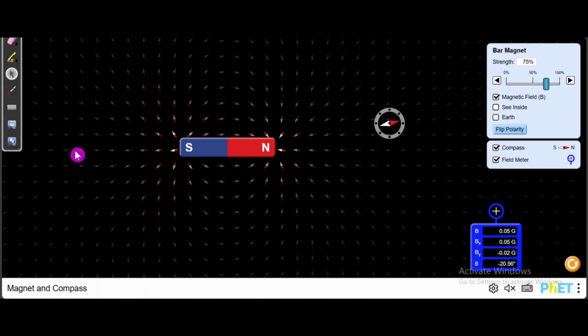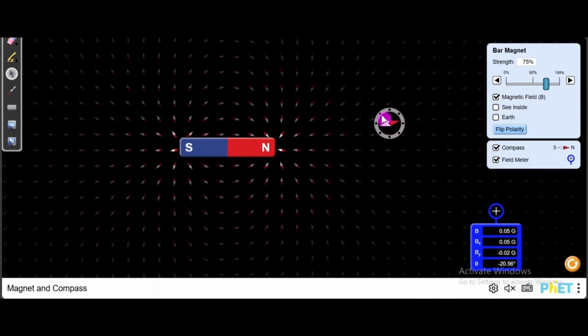Magnetic field lines are virtual, hypothetical lines which represent the strength and direction of the source magnet's effect at each and every point up to the region in which the effect of this permanent magnet is present.